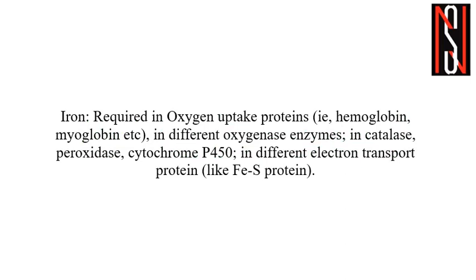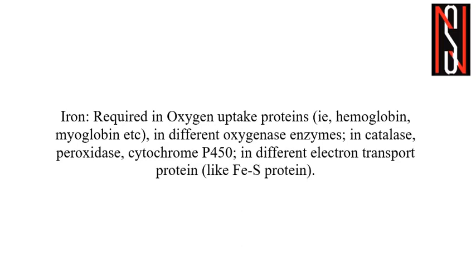At the same time, when we hear about iron, we think about blood, because iron is attached to a porphyrin unit to form hemoglobin or myoglobin, and it is then responsible for oxygen uptake or oxygen transfer.